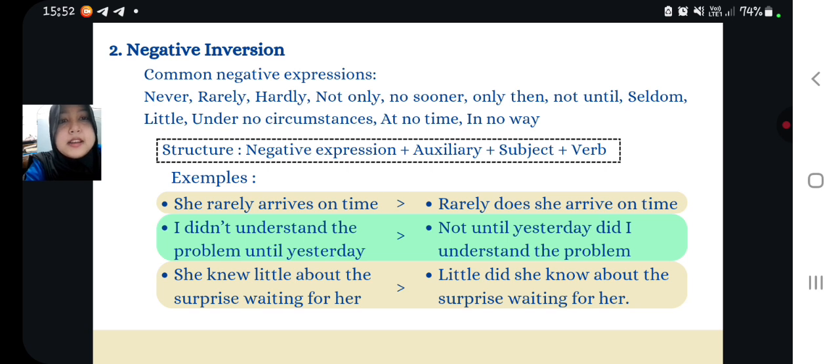Not until is the negative expression: not until yesterday did I understand the problem. And then the last example, she knew little about the surprise waiting for her. And then: little did she know about the surprise waiting for her. The negative expression is little.